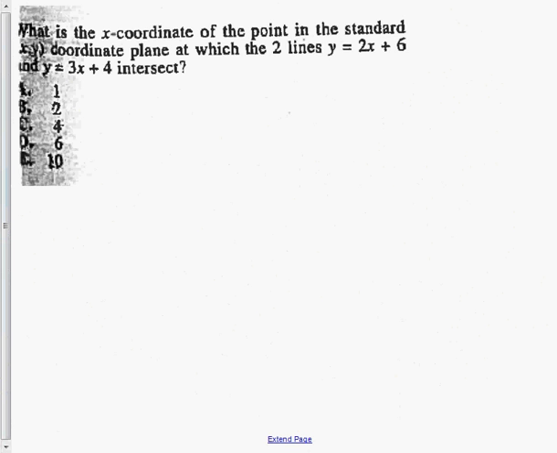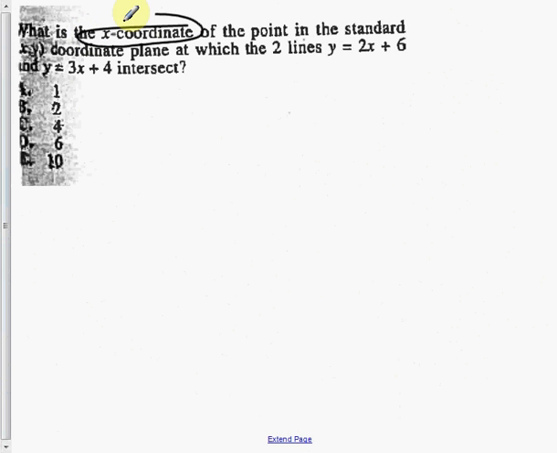So what is the x coordinate of the point in the standard xy coordinate plane at which the two lines y equal to 2x plus 6 and y equal to 3x plus 4 intersect? Do you know what they're asking? Well, what is x and y, but really what is x? It says, what is the x coordinate?